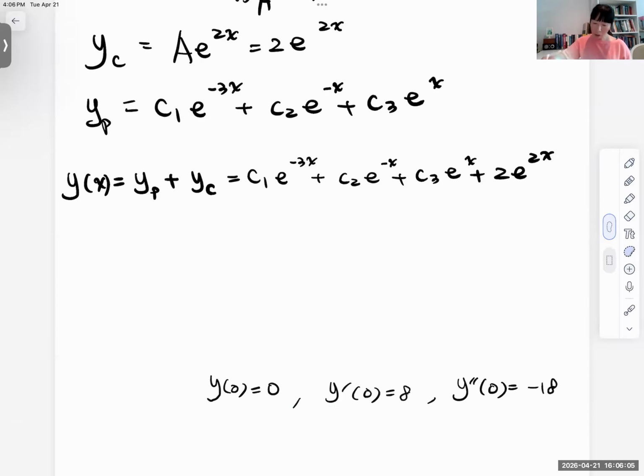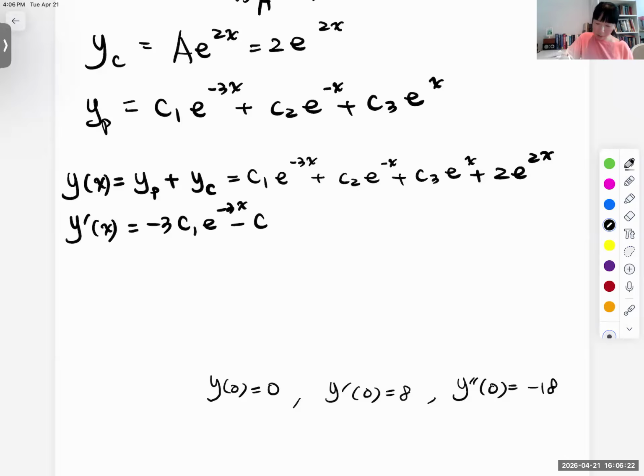Okay, so let's find the derivative. So y prime is negative 3 c sub 1 e to the negative 3x minus c sub 2 e to the negative x plus c sub 3 e to the x plus 4 e to the 2x.